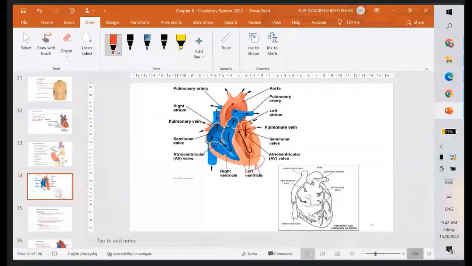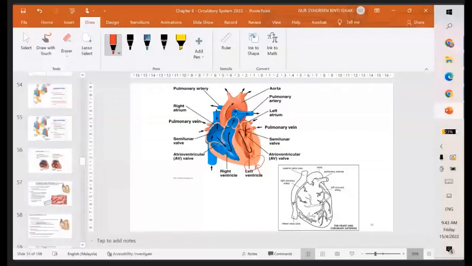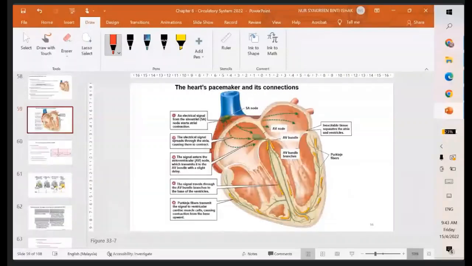So statement nombor 3 tu kan, ventricular contraction begins at the apex of the heart upward. Impulse tu kan, kalau tengok the transmission of impulse. Okay. If you refer to this diagram, awak kena tahu the flow of impulse through the cardiac muscle.